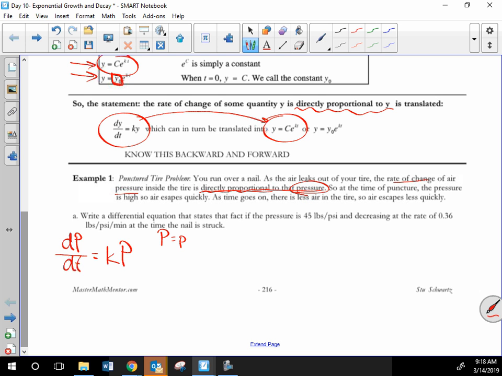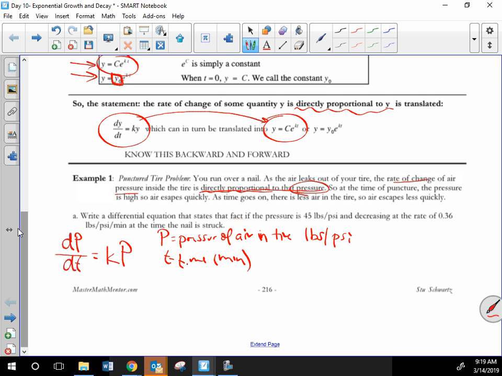P is the pressure of air in the tire, and this is, what would that be, pounds or PSI? And t is time. And what are we talking about? Minutes.